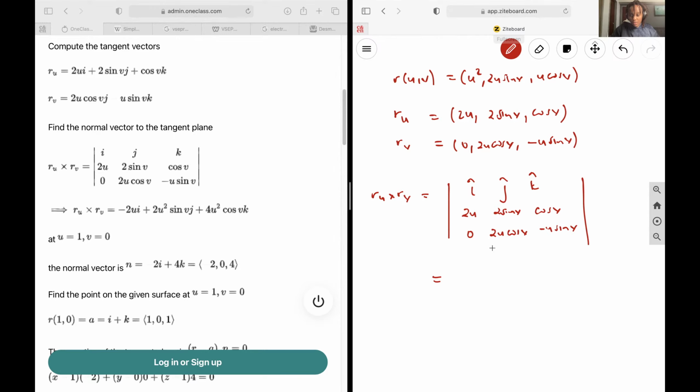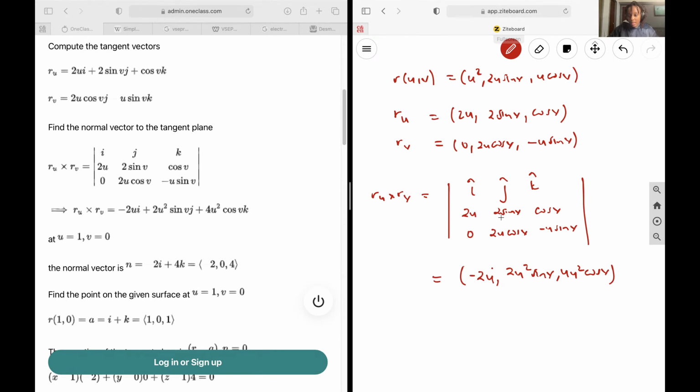And that is going to become negative 2u i plus 2u squared sine v j, and 4u squared cos v k as your answer.